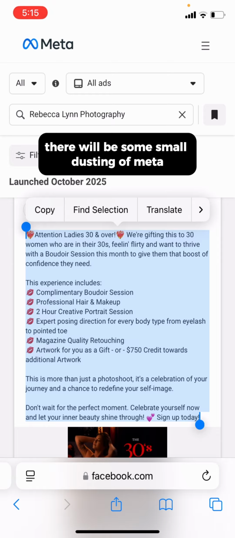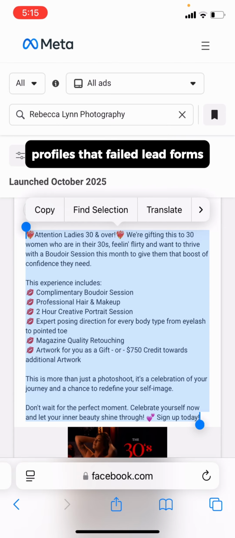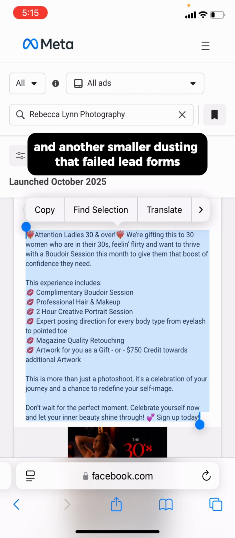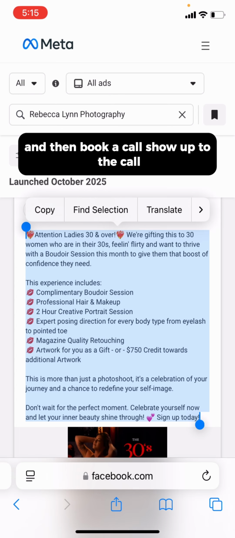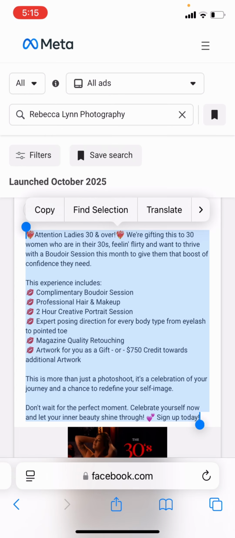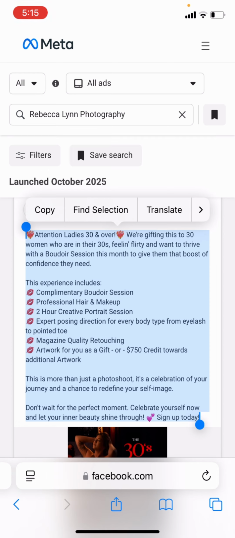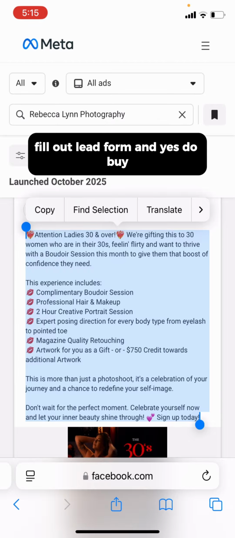Now, yes, there will be some small dusting of Meta profiles that fill out lead forms and also answer calls, texts, and emails. And another smaller dusting that fill out lead forms and then book a call, show up to the call. And an even smaller yet dusting of Meta profiles that, yes, fill out a lead form and yes, do buy.